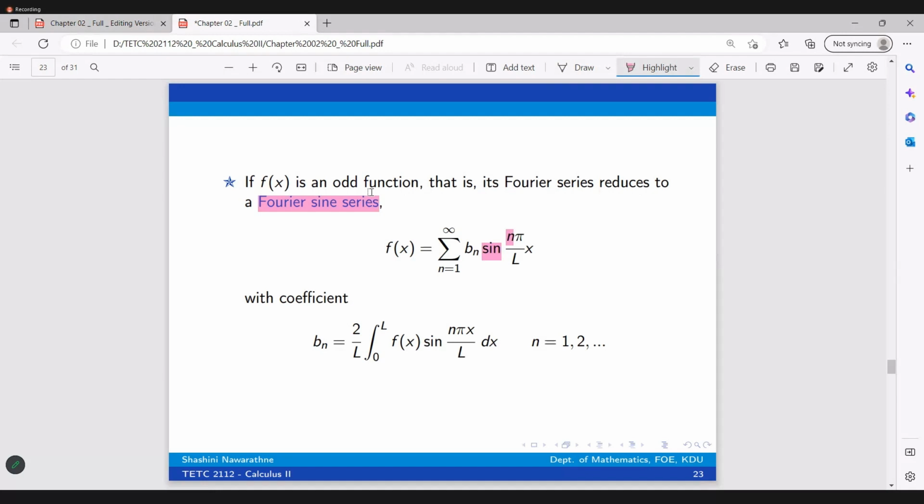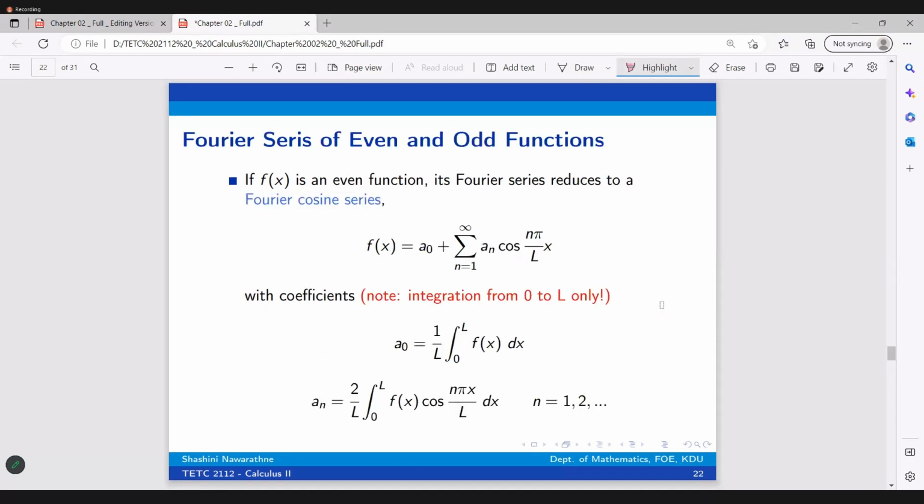If the function is an even function, we obtain a Fourier series with the constant term as well as cosine terms. So the resulting Fourier series consists of only cosine terms, and we call it the Fourier cosine series. Is this clear?